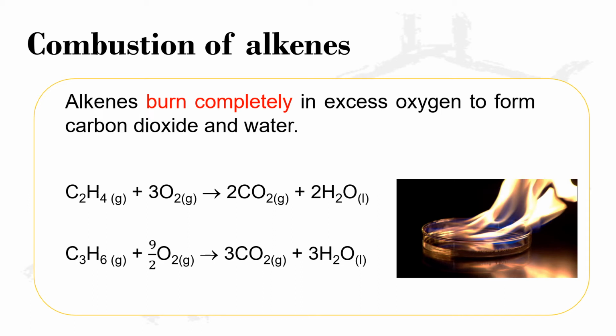The next example is the combustion of propene, C3H6. Applying the same steps, prioritize the C3H6 first. 3 carbon on the left, so multiply CO2 by 3. Then 6 hydrogen on the left. You already have 2 on the right hand side, so also multiply by 3.